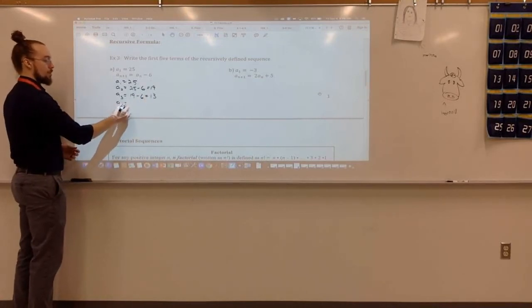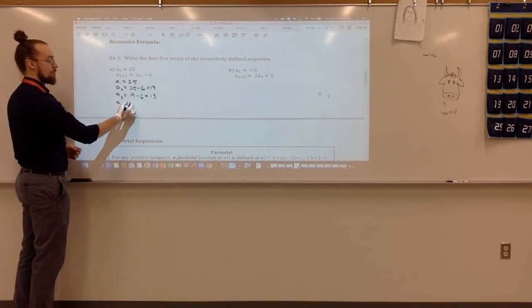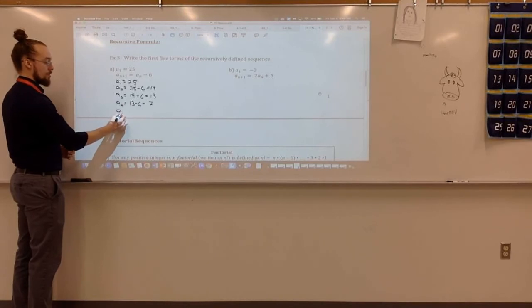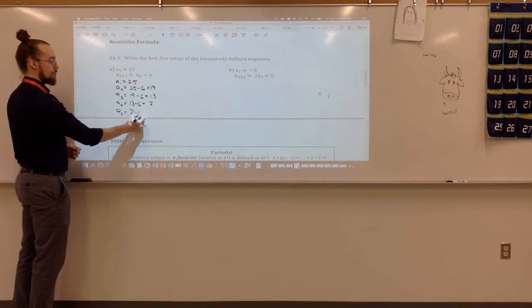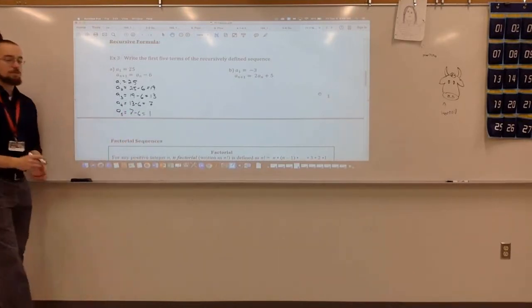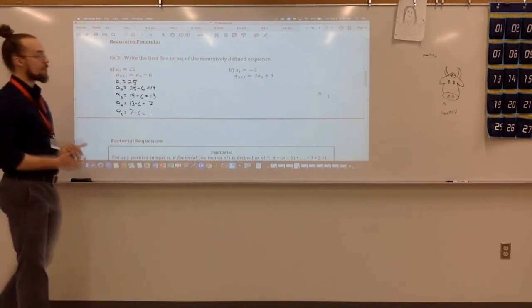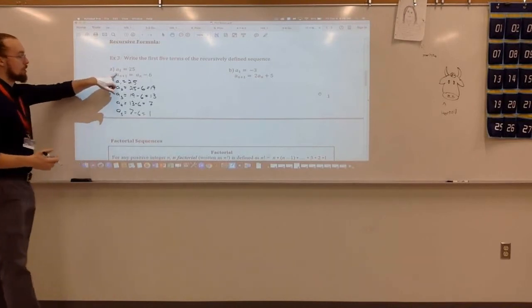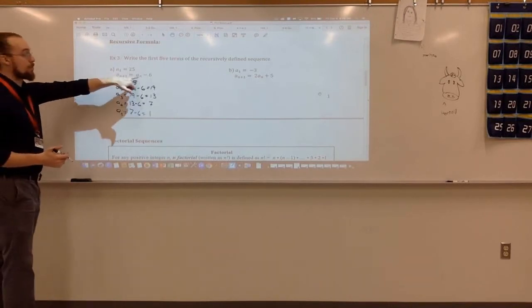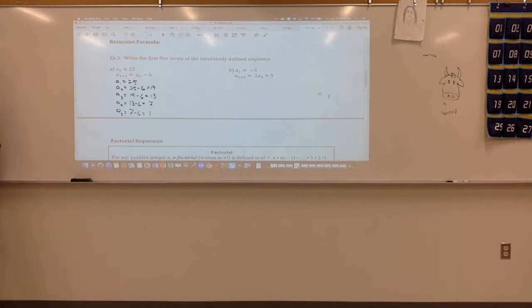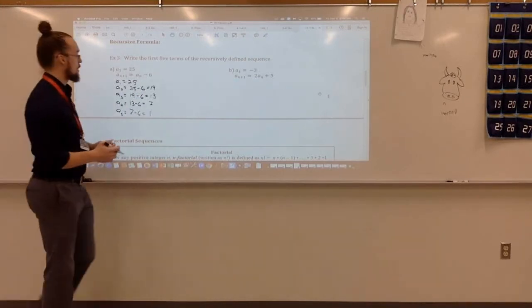A sub 4 will be the previous term minus 6. A sub 5 will be the previous term minus 6. Okay, so a recursively defined sequence says I'm going to use the previous term somehow to get the next term.